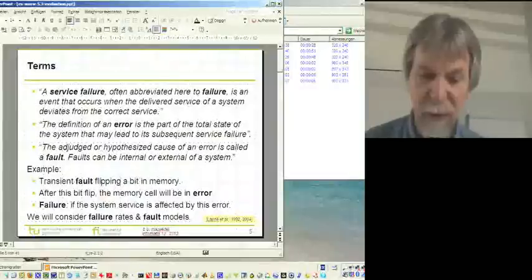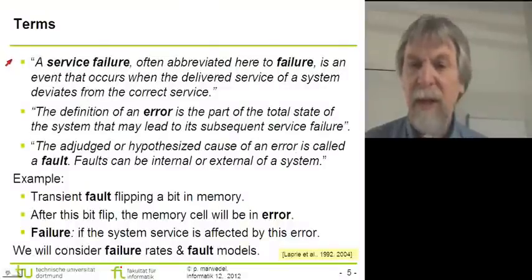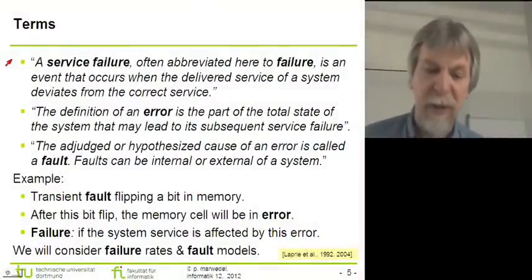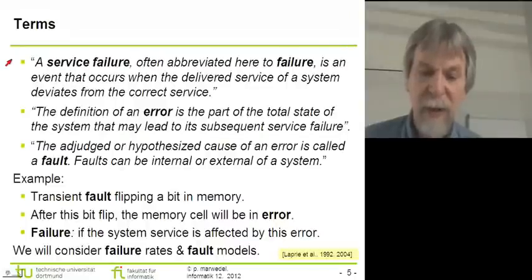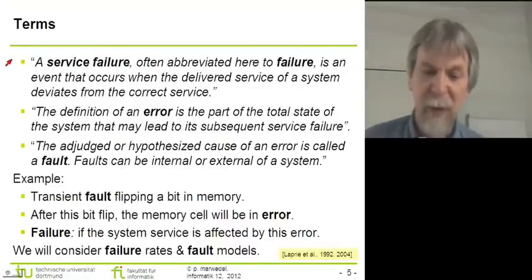When we talk about reliability and the different types of problems that we can observe in the system, we have to distinguish between different types of problems that could happen. In particular, I'm going to distinguish between three different types of problems.